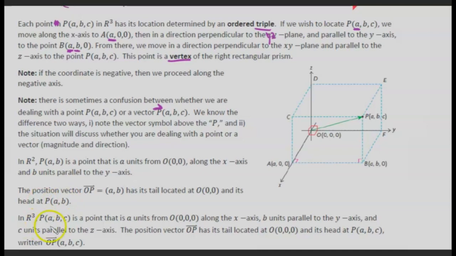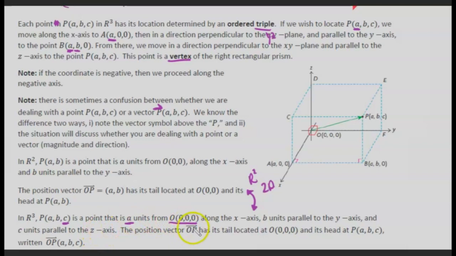Now, in R cubed, point ABC, so these two are related, okay? So this is what we would do in 2D, in other words, R squared. Now in R cubed, if we had a point ABC, again, only extending it by that Z coordinate, point P is a point that is A units from the origin along the x-axis, B units then parallel to the y-axis, and then C units parallel to the z-axis.